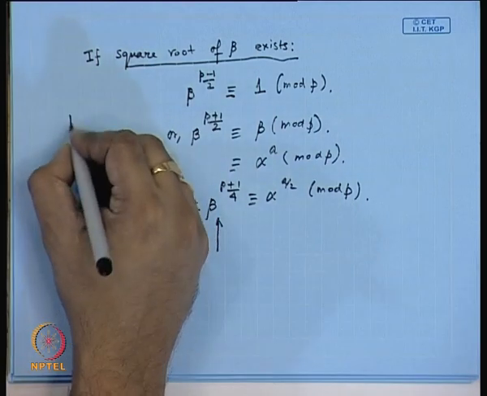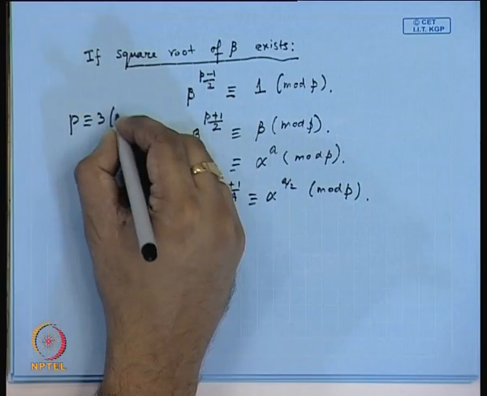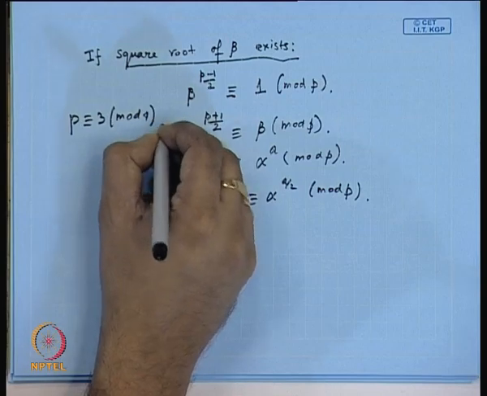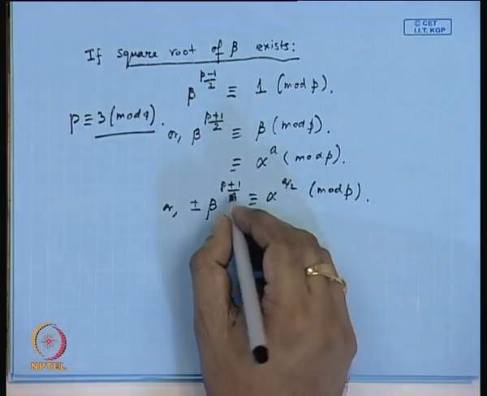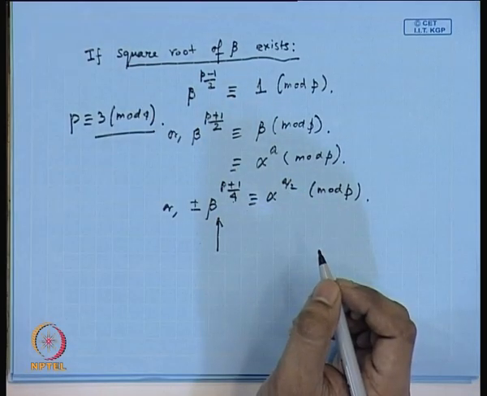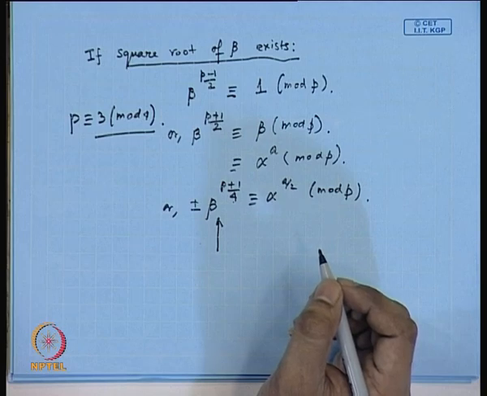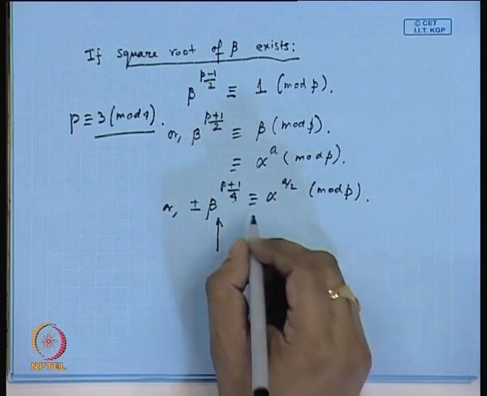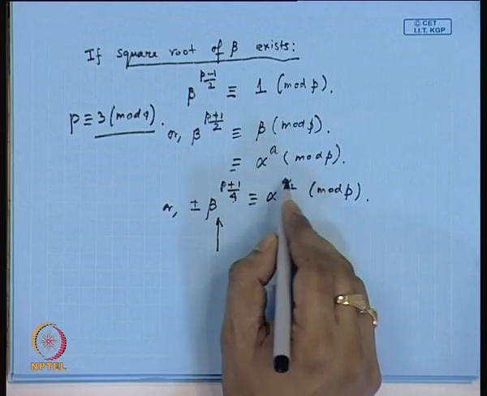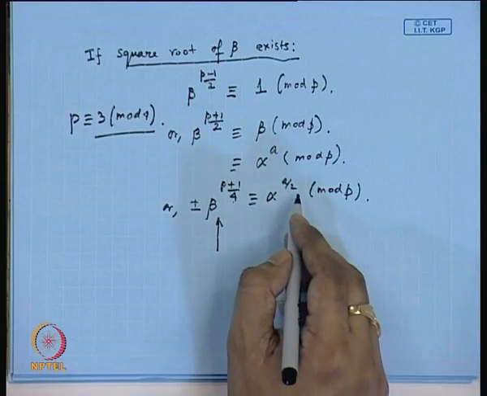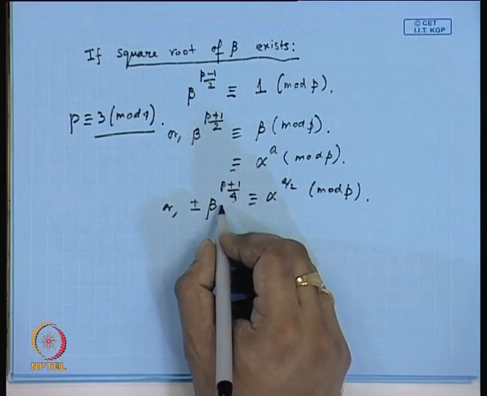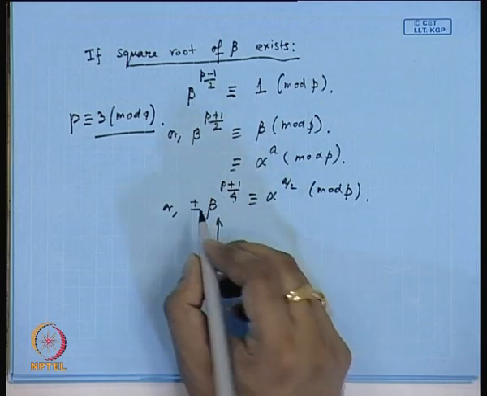Now note that we are talking about the case when p is congruent to 3 modulo 4, right. So you see that p plus 1 by 4 is actually an integer, and that is why, if I want to compute the square root of beta, I can compute beta to the power of p plus 1 by 4, plus or minus.